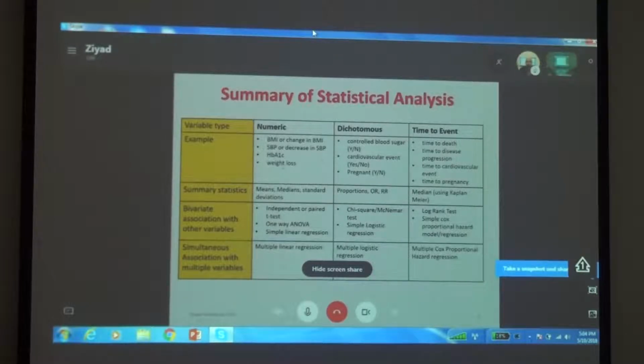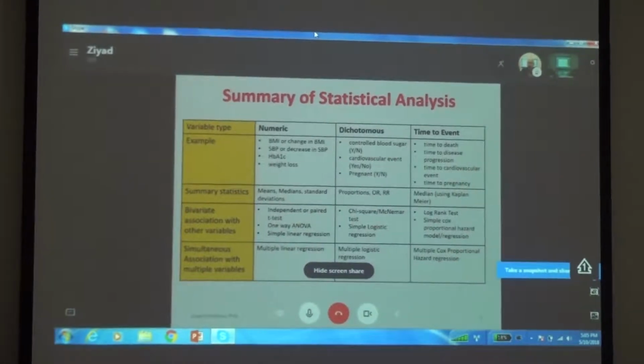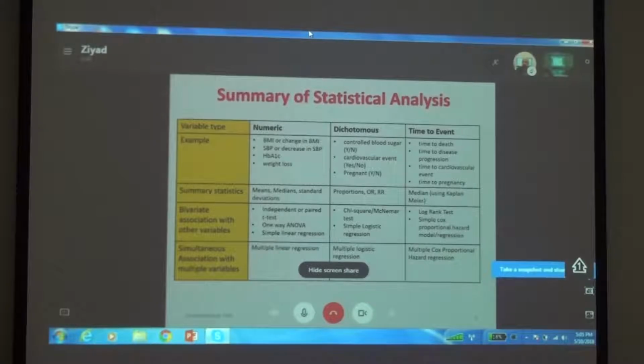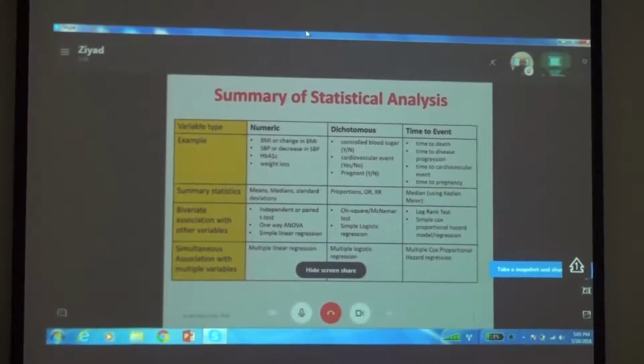If you have a numeric outcome, like BMI, change in BMI, systolic blood pressure, HbA1c, and so on, usually for summary statistics we use mean, median, standard deviation. In bivariate association, we use independent or paired t-test, one-way ANOVA, and simple linear regression.